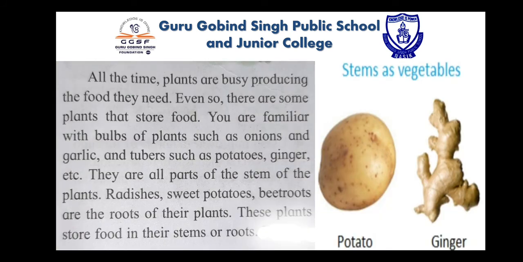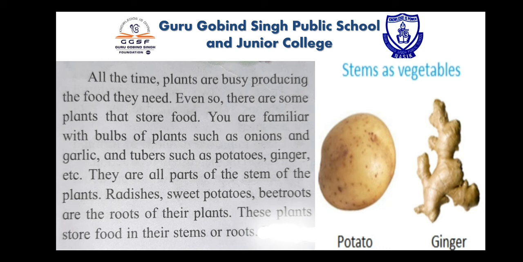All the time, plants are busy producing the food they need. Even so, there are some plants that store food. You are familiar with the bulbs of plants such as onions and garlic, and tubers such as potatoes, ginger, etc. They are all parts of the stem of the plants.